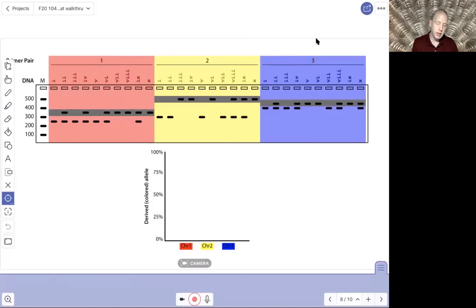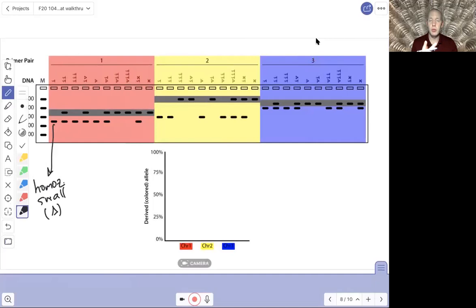So in this case, individual 1 at chromosome 1 has a single band of 250 base pairs. So that is homozygous for the small or the deletion-bearing allele. That means that individual has 2 chromosomes that each have this deletion.